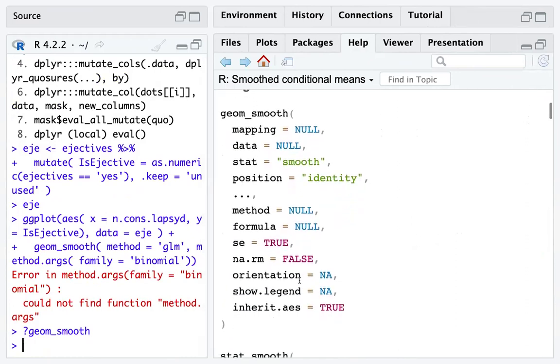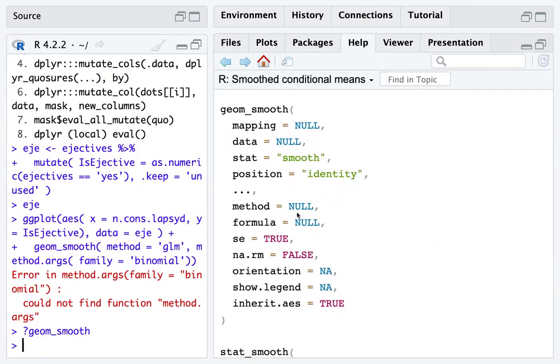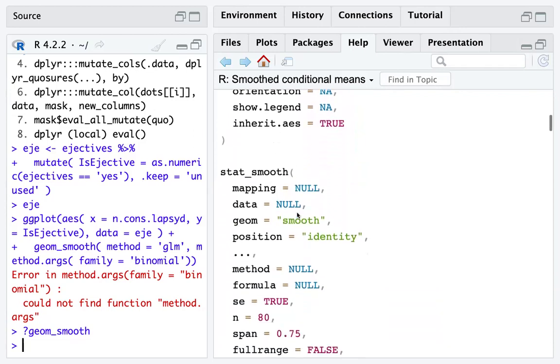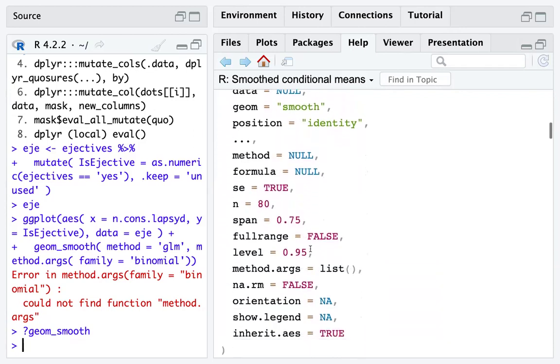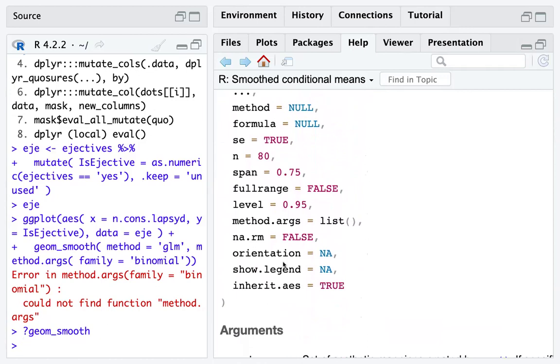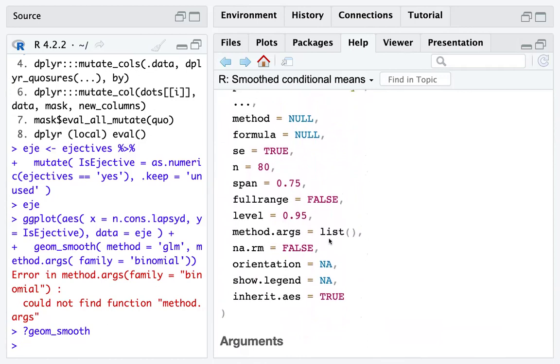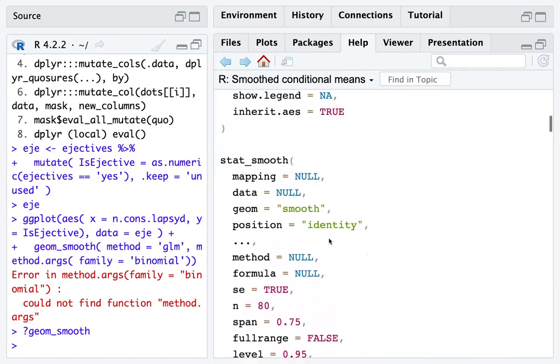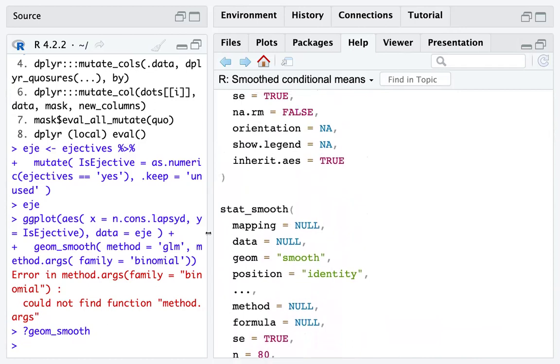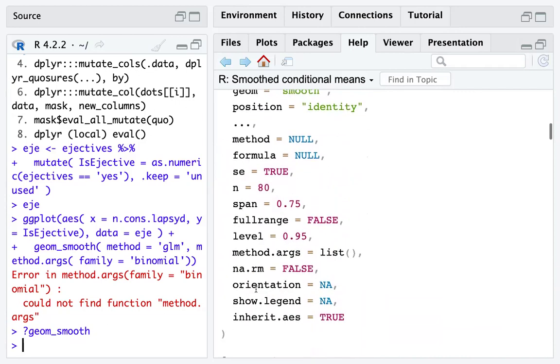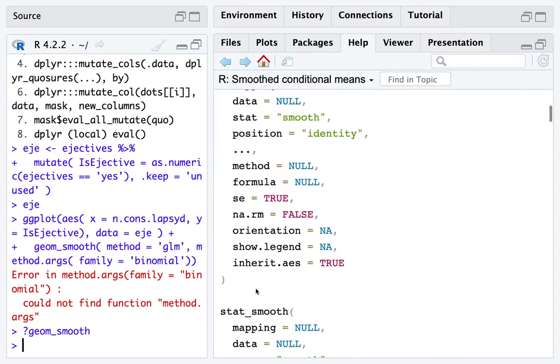So the method is a generalized model. Method args equal to list. Maybe I have to use stat smooth.